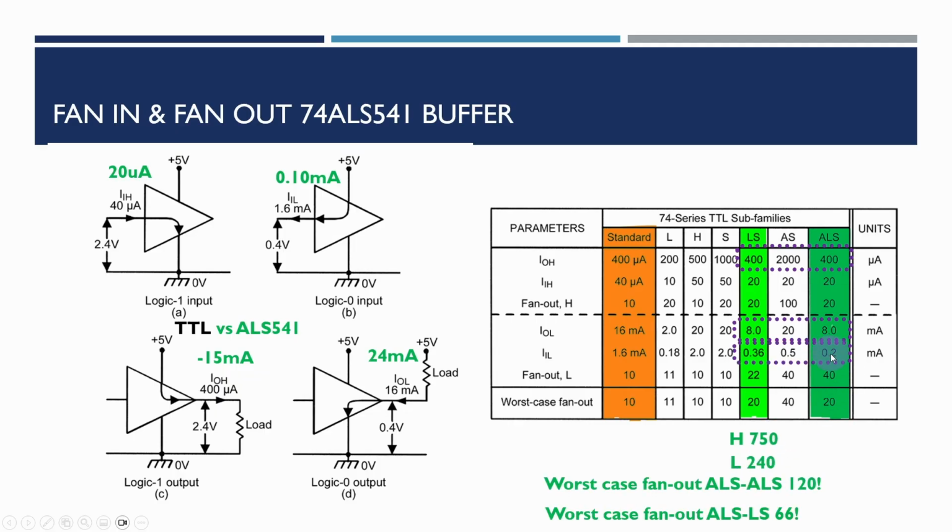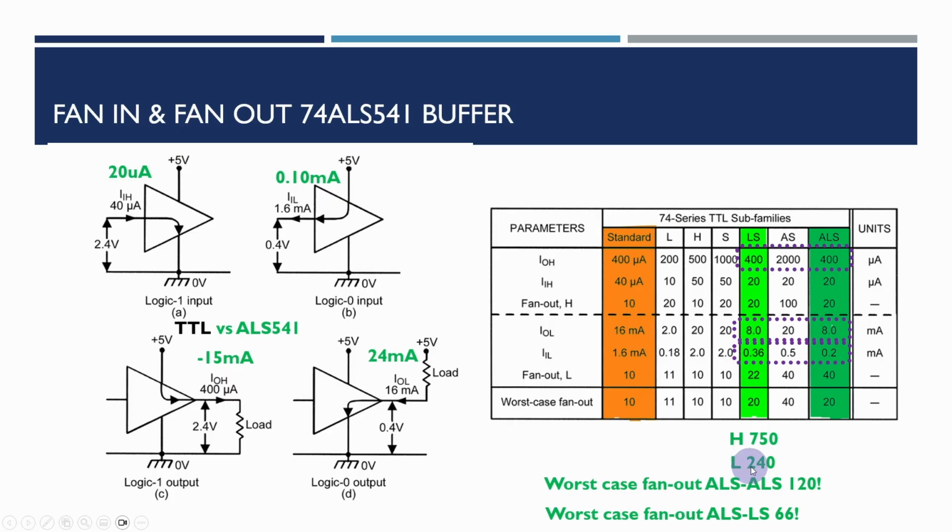But then if we look at the 0.2 and 0.36, that still gives us a worst case fan out for ALS to ALS of 120. And if we were connecting ALS to LS, then that would still be 66. So you can see compared to the worst case fan out of the original TTL of 10, then 66 or 120 is much, much better.